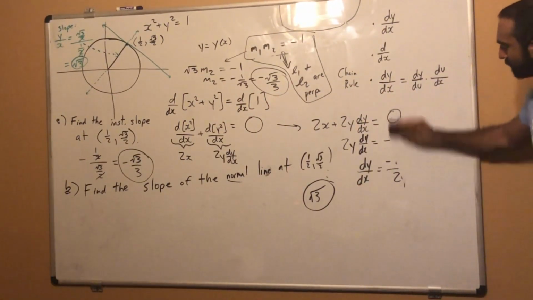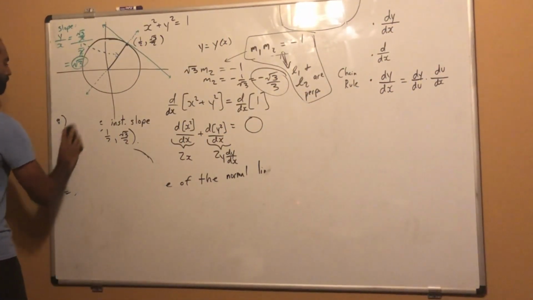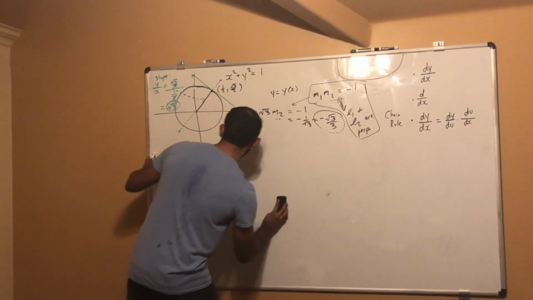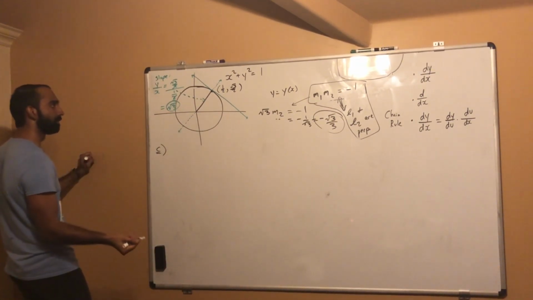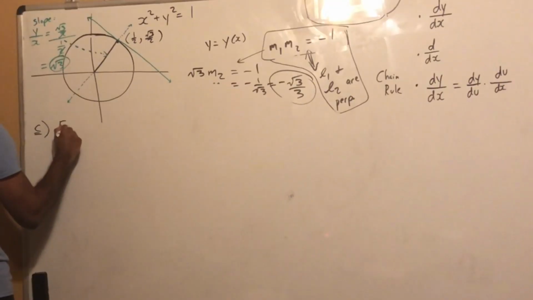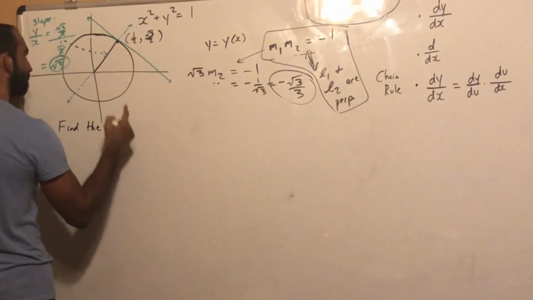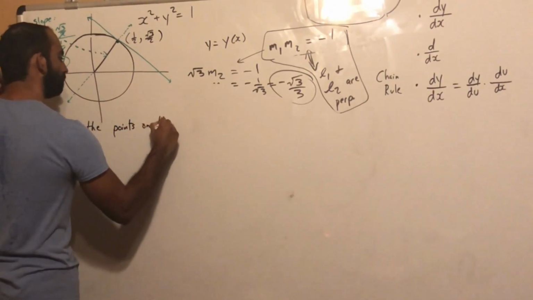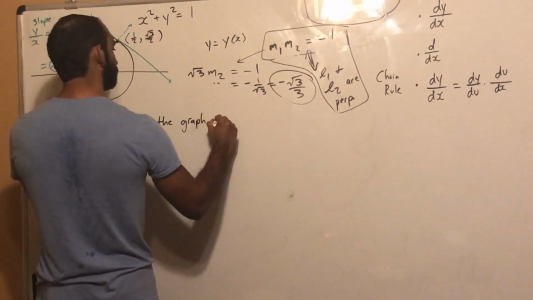Now, let's ask some follow-up questions here. This is another powerful application for implicit differentiation. We can ask questions like this: find the points on the graph where there's a vertical tangent line.